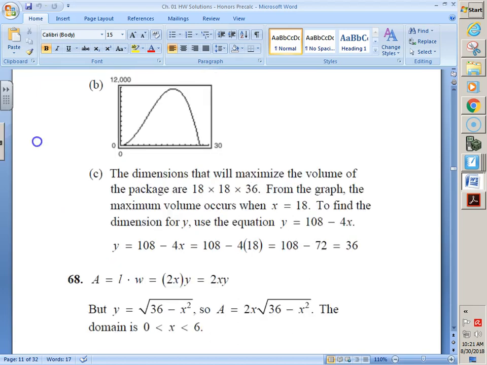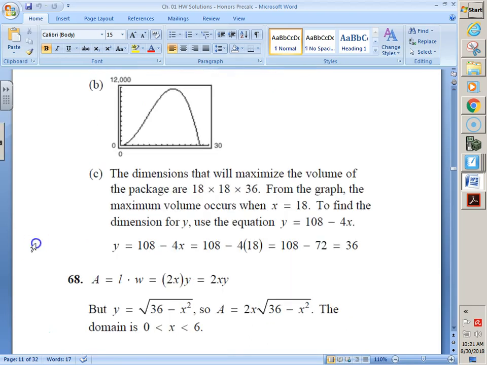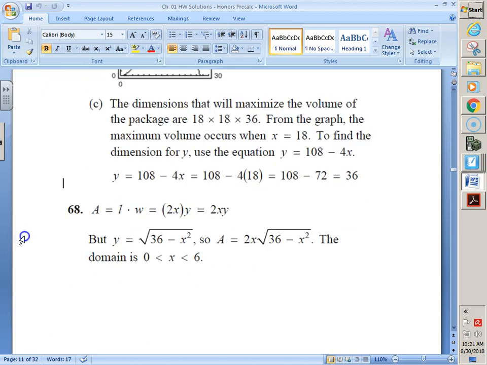But the problem is in this one, they gave us the extra clue of 4x plus y has to equal 108. So that changes it, so a cube wasn't the best fit. If it was a cube, it would be 18 by 18 by 18, or take those dimensions and then divide it by 4, or by 3. So it's a good idea. It just didn't really work in this one.